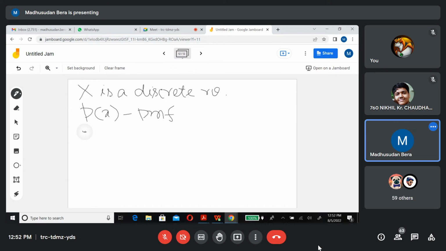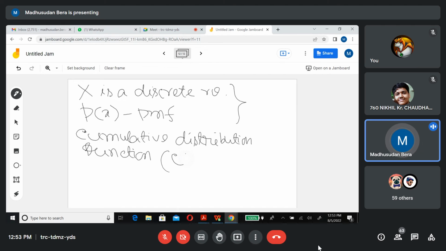Then the cumulative distribution function, or we will write CDF, is denoted by capital Fx. What is capital Fx? Probability of x less than or equal to x.